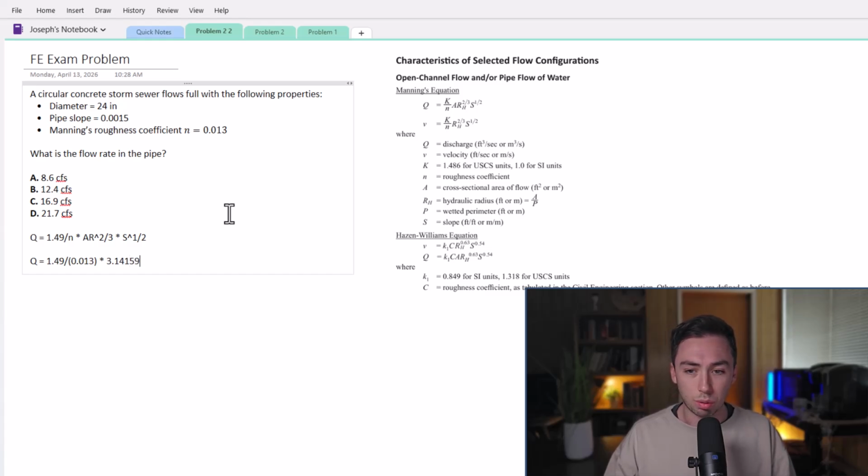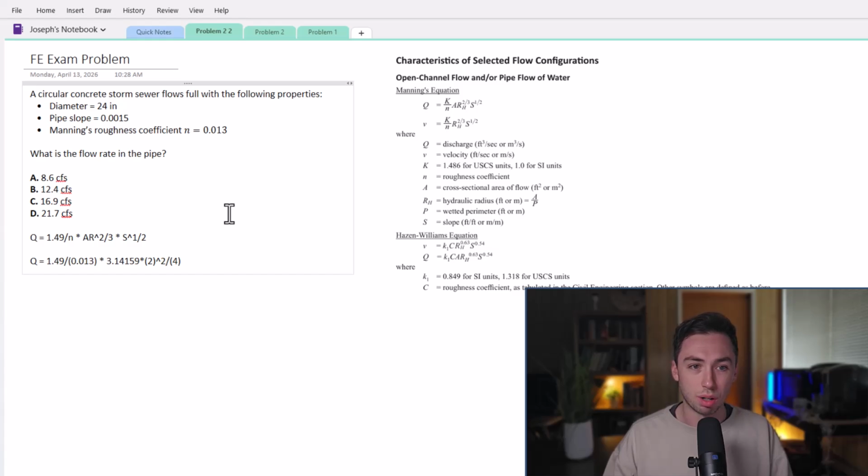I'll just use 3.14159 for shorthand, but you guys should be using your test-approved calculators for this problem. So pi d, what is the diameter? We got 24 inches. Now note, the diameter is given in inches, but we're going to be wanting to use feet for this one because what's the flow rate in CFS? It's very important that we stay on top of our units. So pi d squared, it's 2 squared, divided by 4.